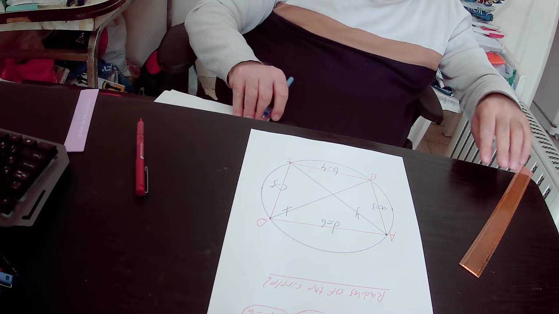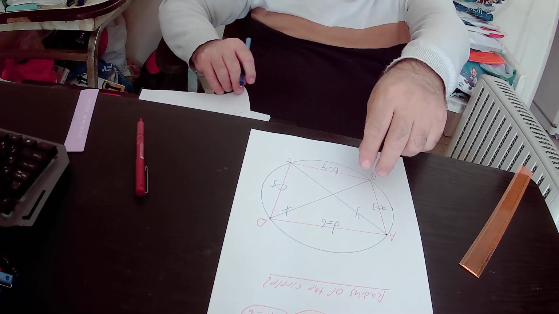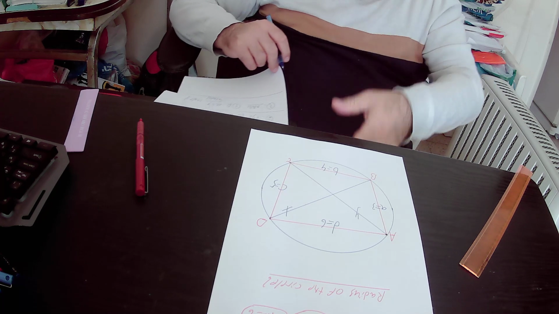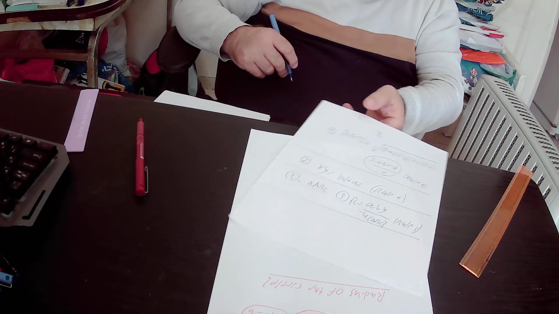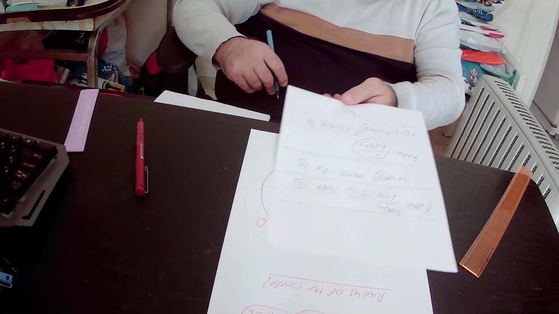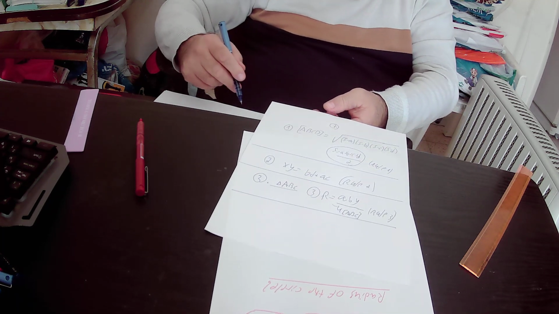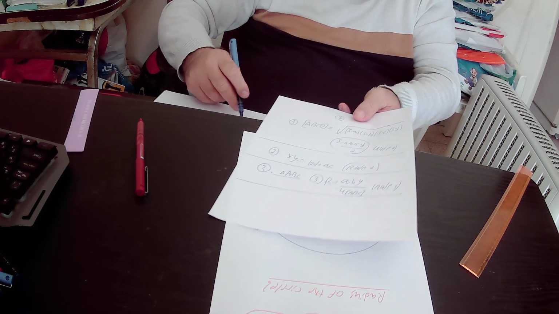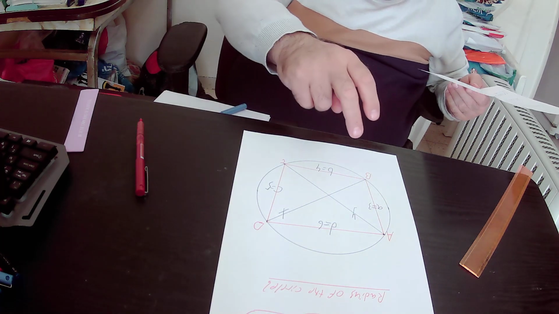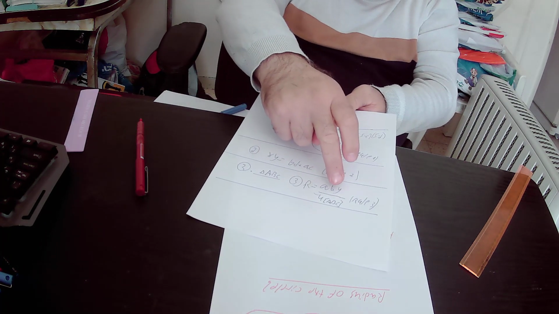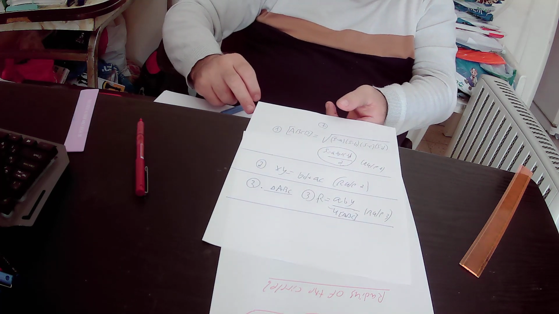I repeat again, here we have triangle ABC that is inscribed by this blue circle. Therefore, according to rule number 3, the radius of this circle that blocks triangle ABC will be equal to A times B times Y over 4 times the area of triangle ABC.